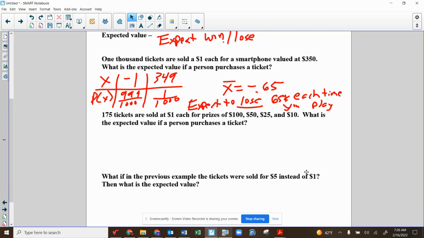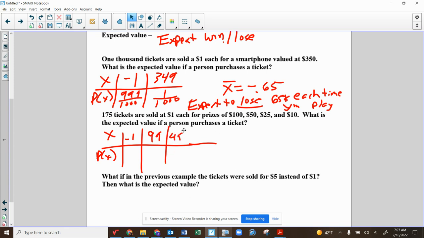Okay, let's set these up here. 175 tickets are sold at $1 for those prizes there. We're going to assume that it's one of each one of those prizes. It doesn't say that there was 3 of these and 2 of these. That would change the problem if it did. All right, so you can lose $1. You could win 99 because remember you paid $1.